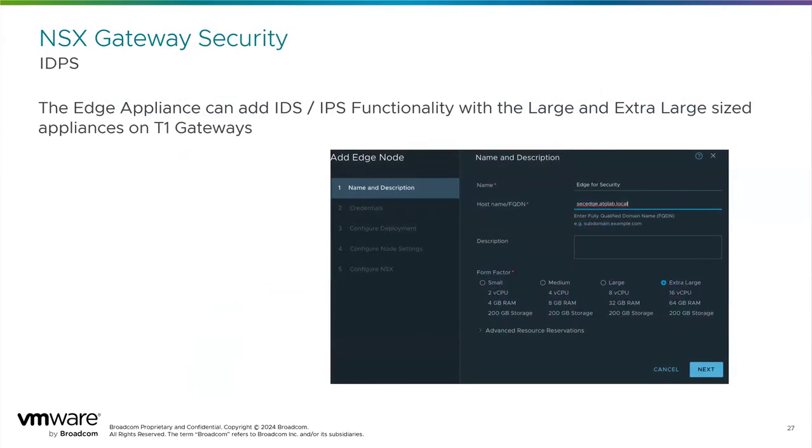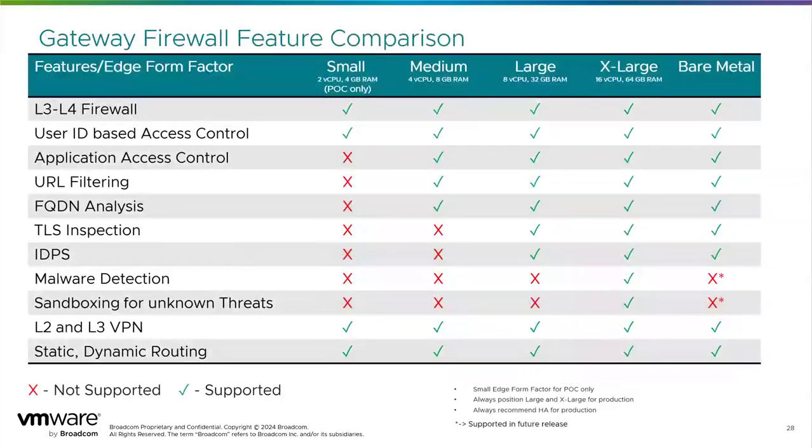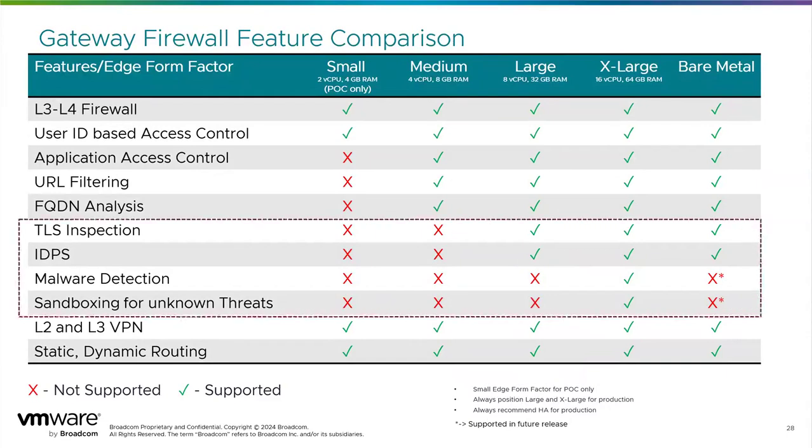When looking at the NSX gateway security, ensuring IDPS functionality is to ensure when you deploy an edge, it's at a large or extra large size appliance. And then when you look at the feature set from the edge form factor, notice the capabilities for this security feature, you're going to obviously get the best bang for your buck with the extra large edge.